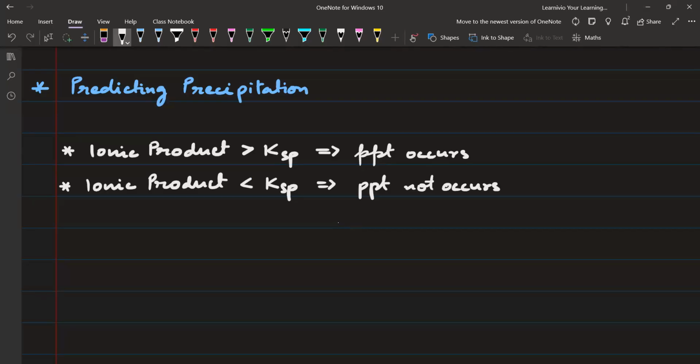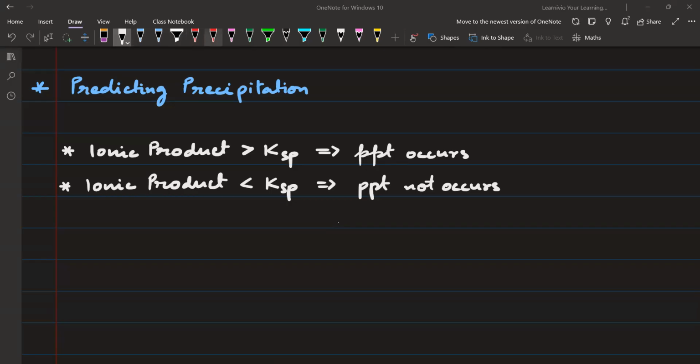Now, what is the meaning of ionic product? Ionic product is the product of the concentration of ions. KSP तो एक constant होता है, but किसी solution में कितने ions हैं, whatever the number of ions we are having, उसका जो product होगा that is going to be the ionic product.